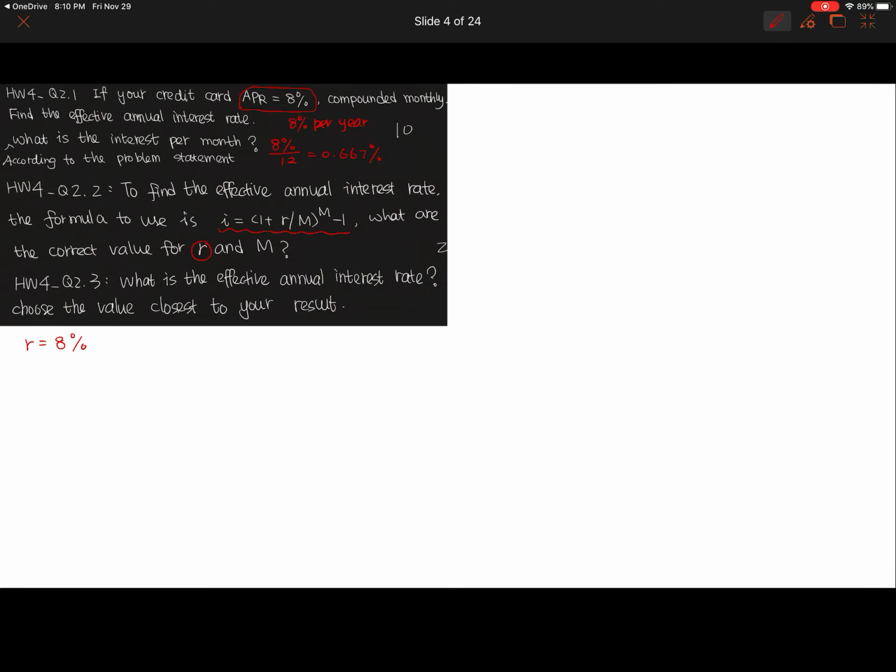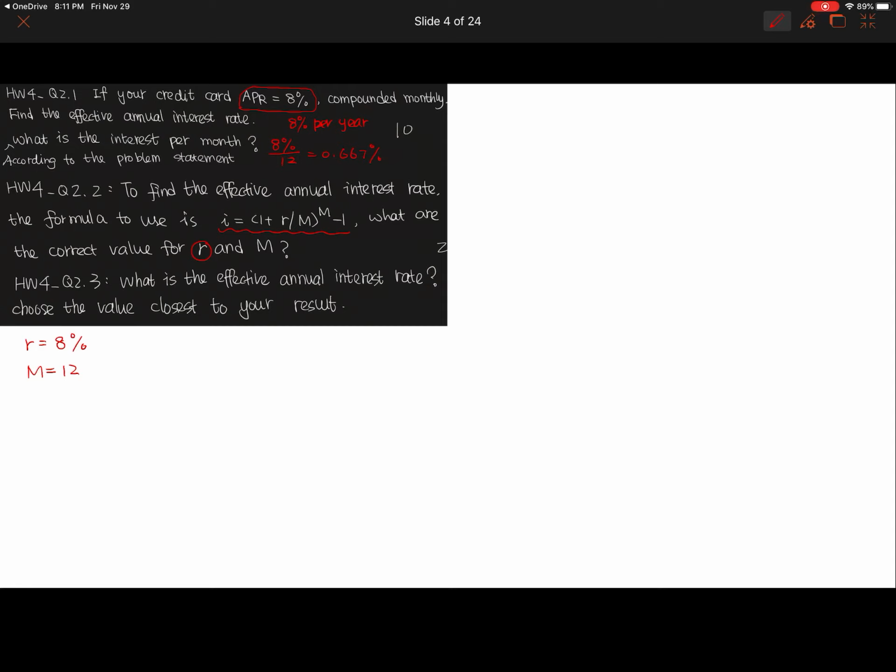It's compounded monthly, so every month you compound the interest. So in a year, how many times do you compound? M is 12, because in a year you have 12 months, which means you compound 12 times. So the number of interest periods is 12.